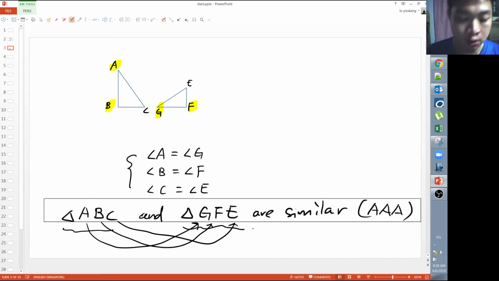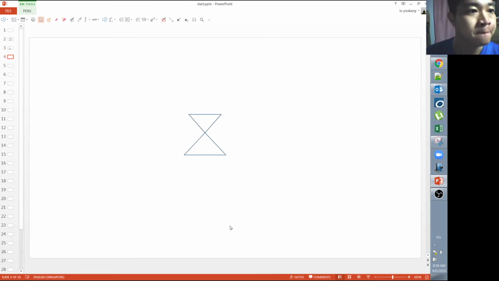All right, last but not least, I'm going to use the last example to illustrate this concept and see what problems you may encounter. Before I solve this, I'm going to label this diagram first.